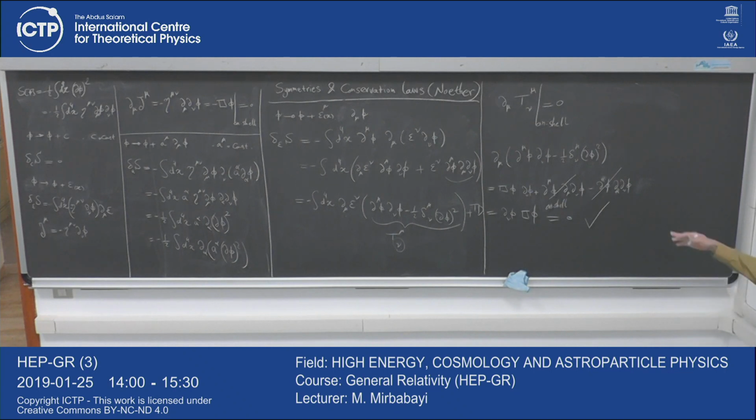One exercise that you can do is to add a mass term to this scalar field and follow the same procedure to find the stress energy tensor for a massive scalar. By the way, this energy momentum tensor is also called a stress energy tensor.